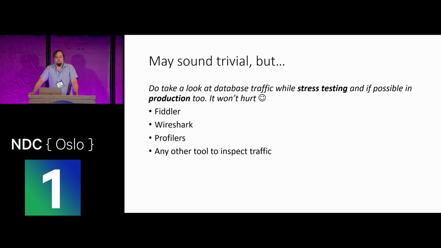When you deal with any database, what I usually do is take a look at its traffic at certain times during stress testing, during load testing, and if possible also during production, because there is no way around it. A database is an application that has a client and a server, right?